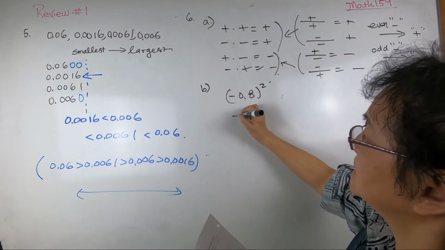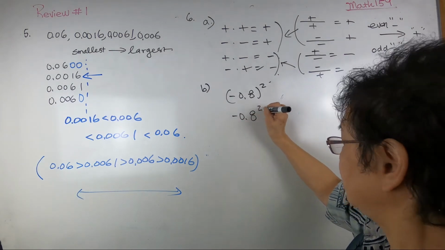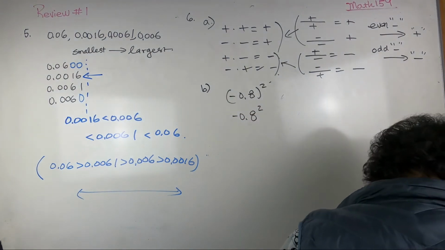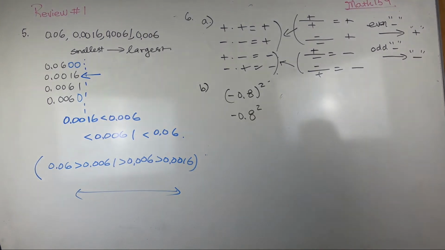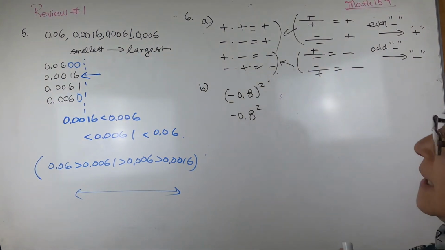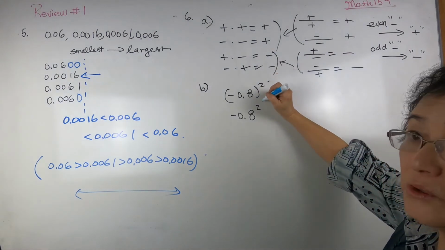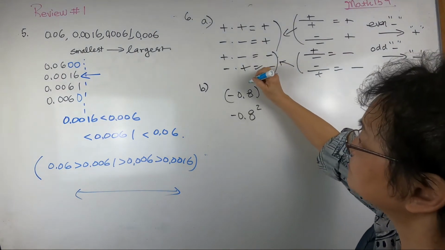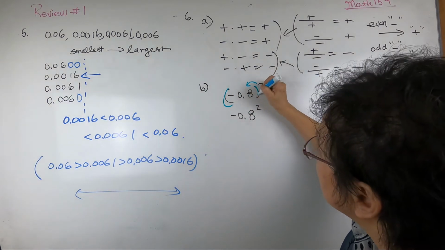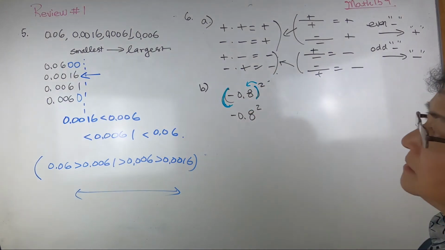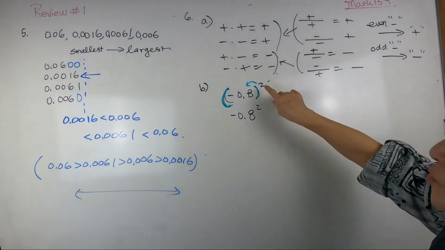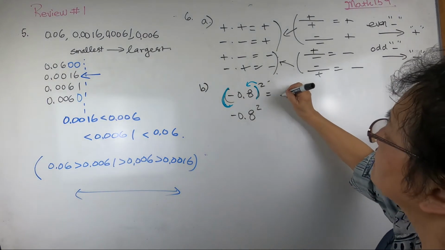Then next one, you have those. You need to pay attention with those and follow the order of operations, right? So for the first one, we say the power applies to the number right in front of it. This one right in front of it is the whole thing, the parentheses. Okay, so for the square, the base is what?